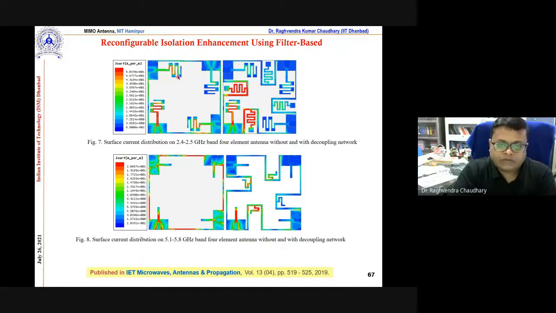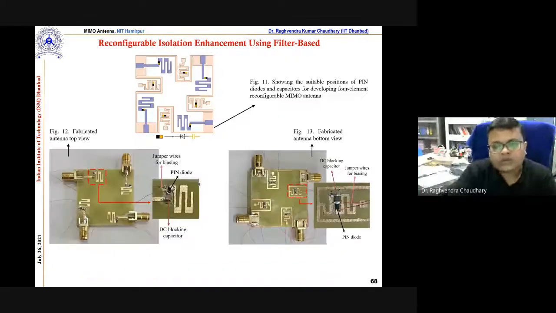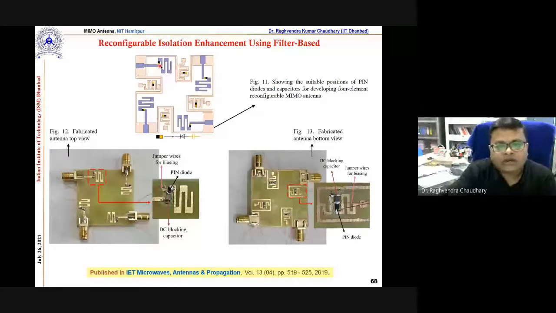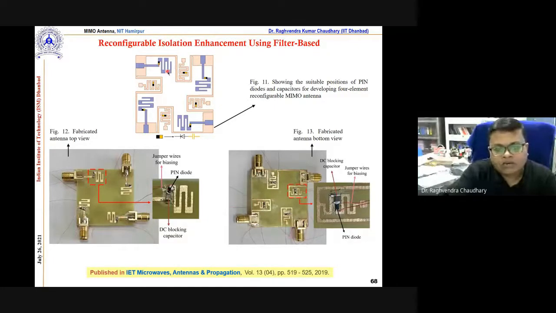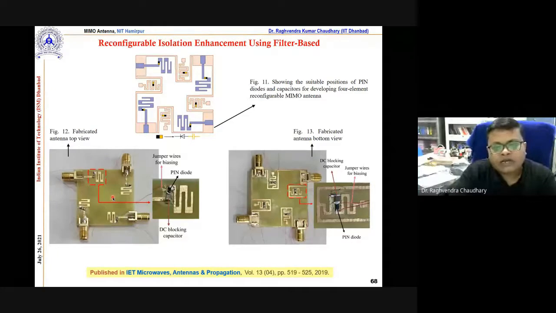But as soon as you use it, reading from port number 1, there is less influence. Similarly at the other frequency too. Now I try to find where I can put this PIN diode, to make it off, make it non-modal, so that we can switch between the two frequencies.